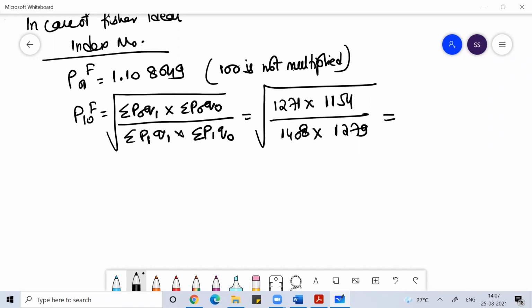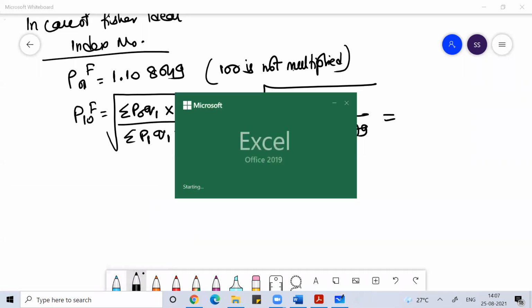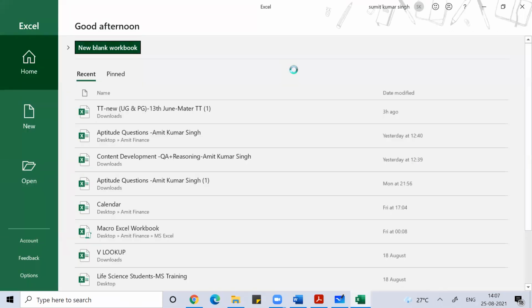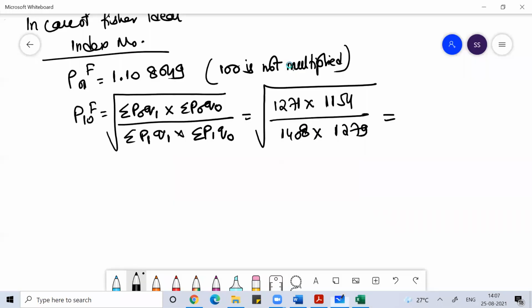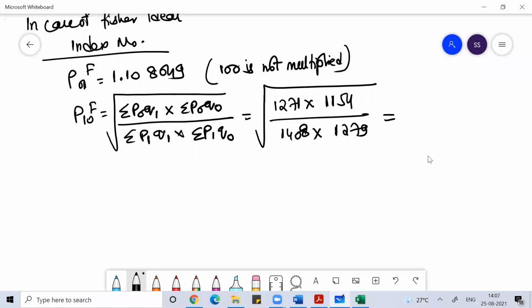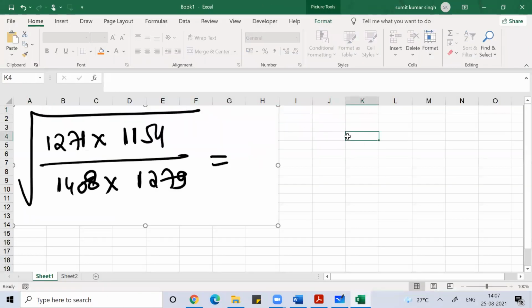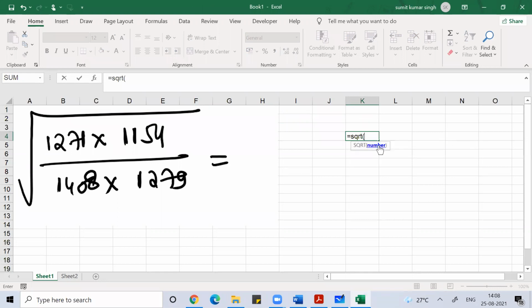If I simply use the calculator here, SQRT for square root, I'm doing it directly.